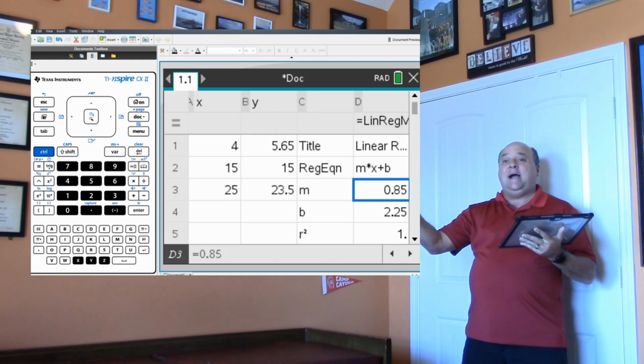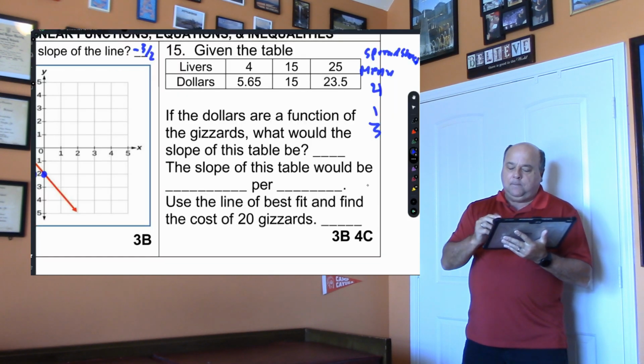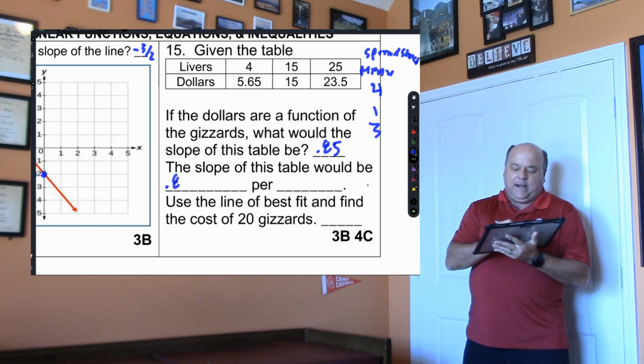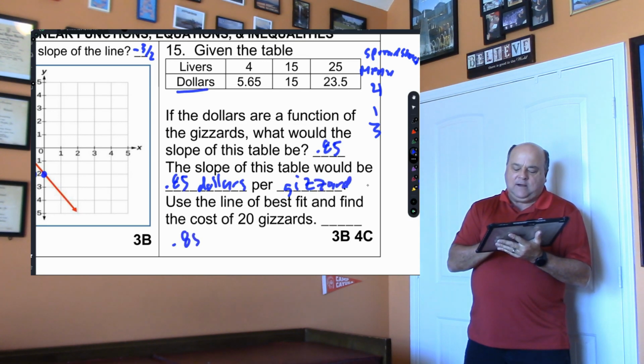So I'm buying each gizzard for 85 cents and the drink costs $2.25. So I'm going to go back. The slope of this table would be $0.85 per gizzard, and the equation's 0.85x plus 2.25.